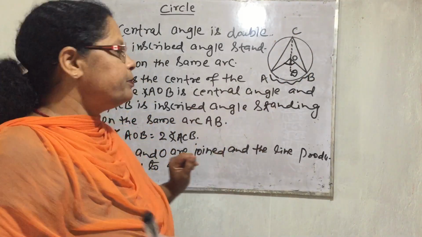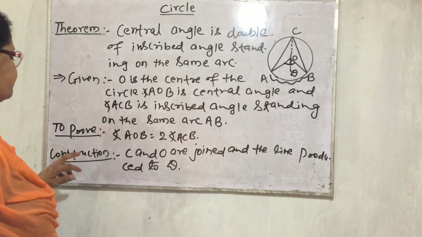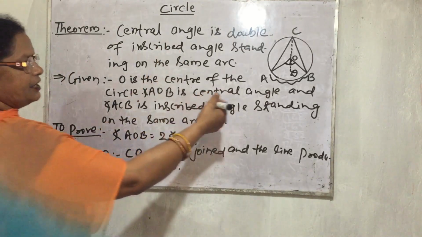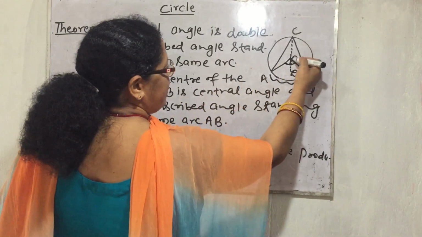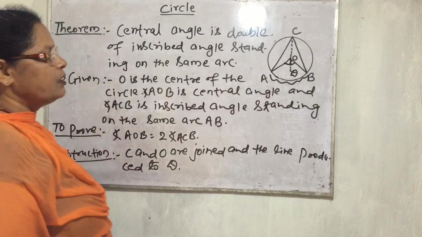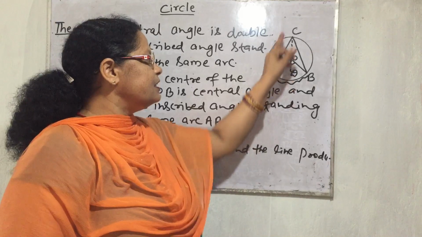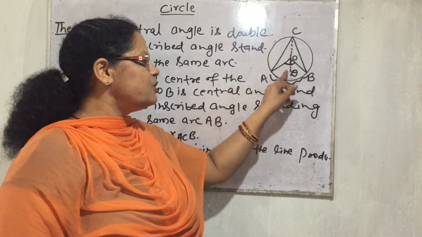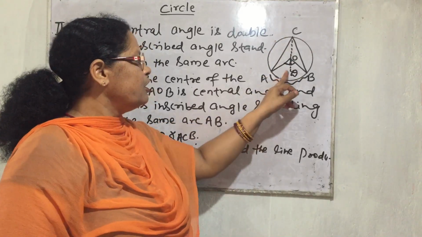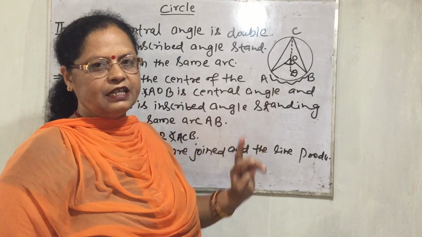To prove this theorem, we need to construct a line: C and O are joined, and the line CO is produced to the point D.